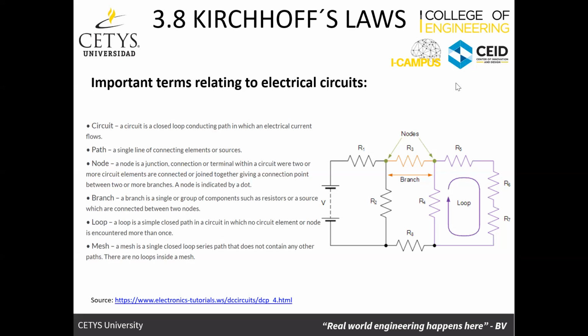So it means that it has to start somewhere, it has to go around and end at the same point. That's the only way I can have flow. The definition of a circuit is a closed loop conducting path where I have electricity. That's a circuit.